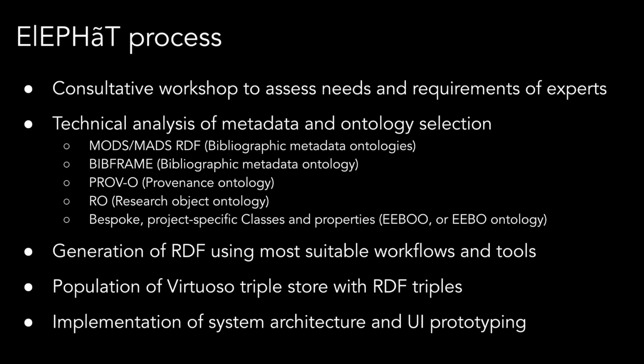In the end, we opted to adopt several classes and properties from existing bibliographic metadata ontologies, including MODS and MADS from the Library of Congress, as well as BIBFRAME. We also had to create some custom classes and properties.